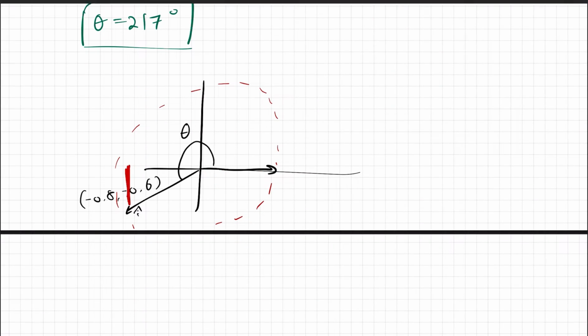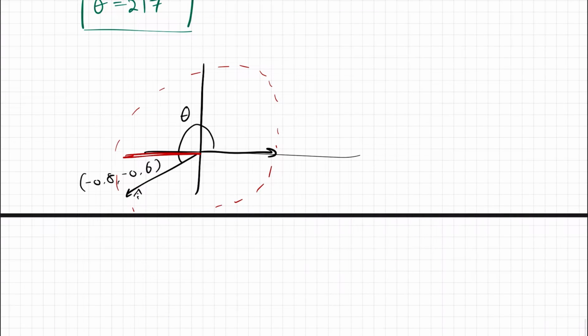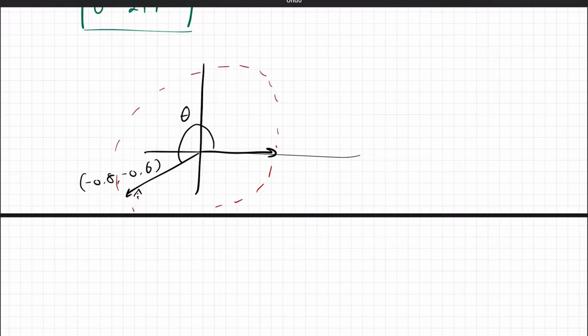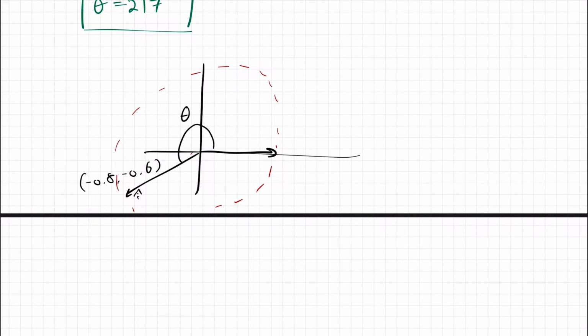So if we look at the cos, this distance out here, we could have this angle, but if it was over here, we could also simply have something like this, where this theta would also give the same cos. So we can't just look at the sine and cos.